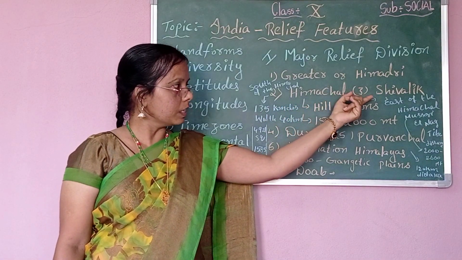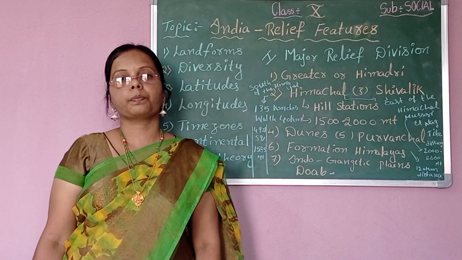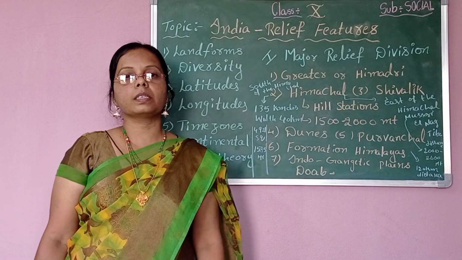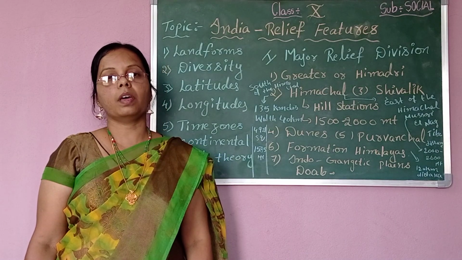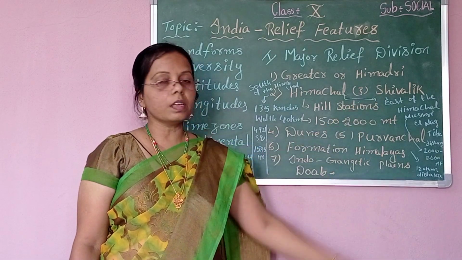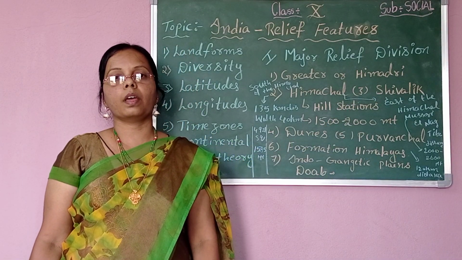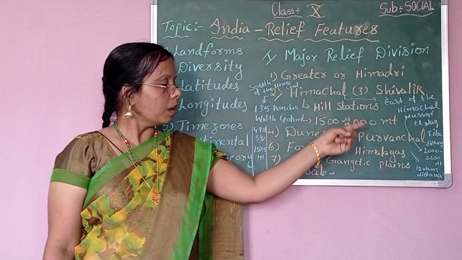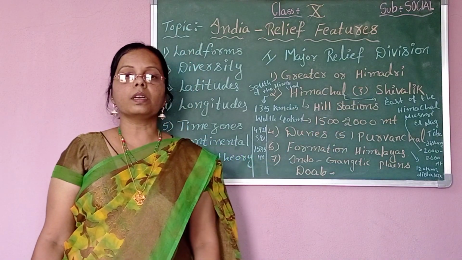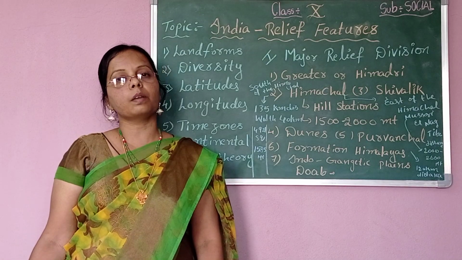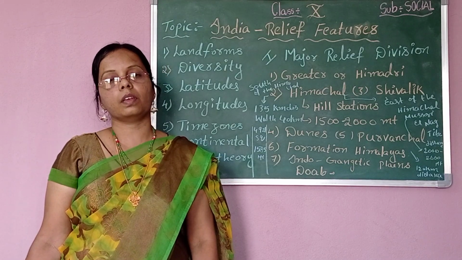And the third range is known as Shivaliks. It is called the outermost Himalayas or southern Himalayas. The length of the Shivaliks is 2400 kilometers. The width differs: in Himachal Pradesh it is 50 kilometers and in Arunachal Pradesh it is 15 kilometers.